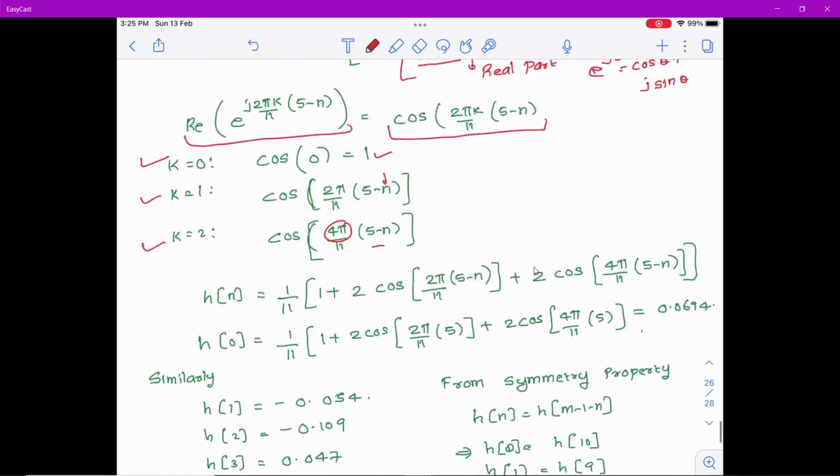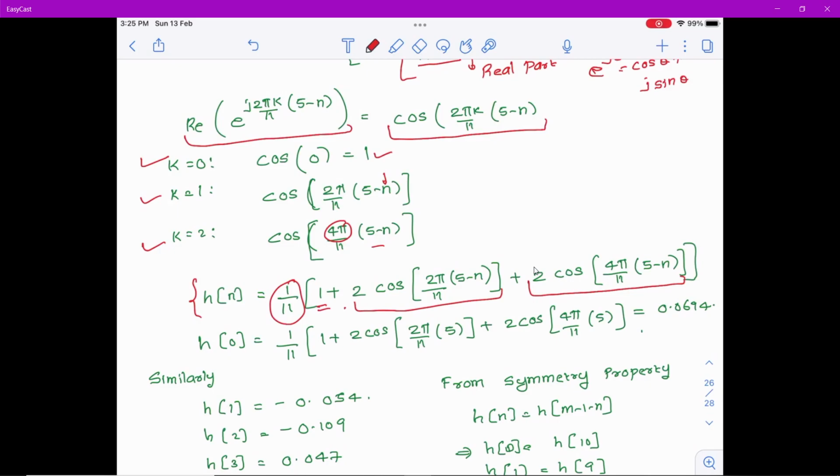So your h of n equation can be expanded as 1 by m, which is 1 by 11, into h of 0 is 1 plus 2 into cos of 2 pi by 11 into 5 minus n plus 2 into cos of 4 pi by 11 into 5 minus n.